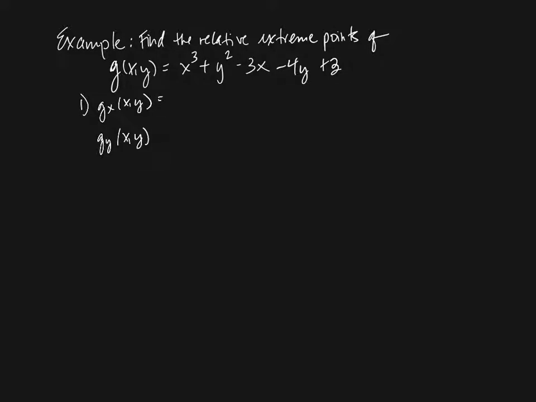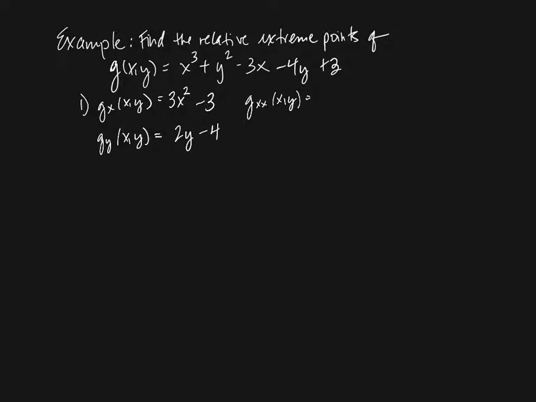So the partial with respect to x is 3x squared plus 0 minus 3 minus 0 plus 0. Partial with respect to y is going to be 0 plus 2y minus 0 minus 4 plus 0. Then we need the second partials.